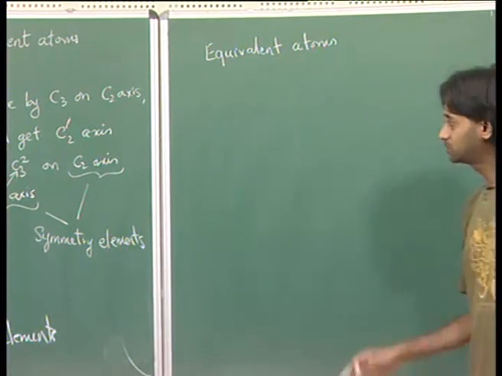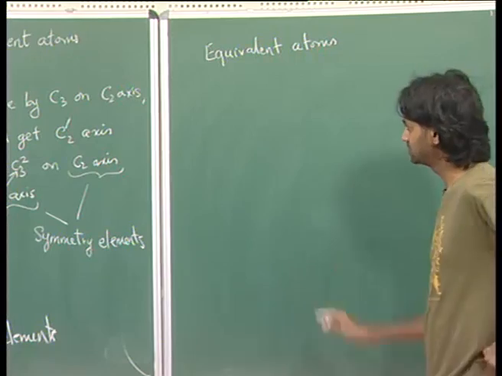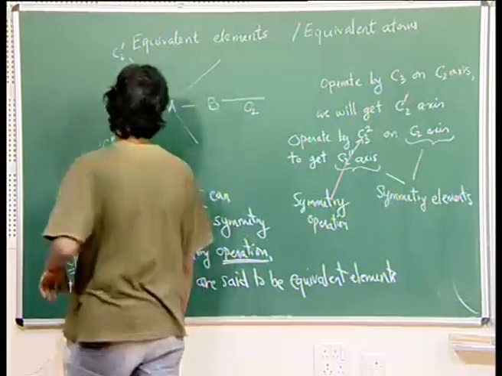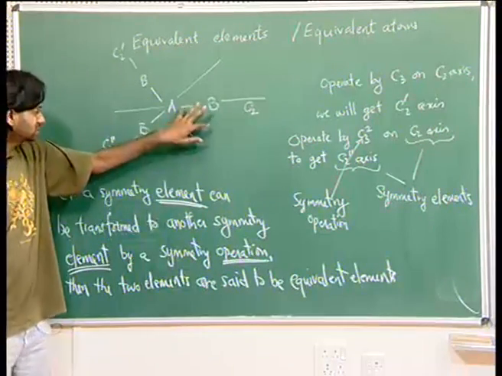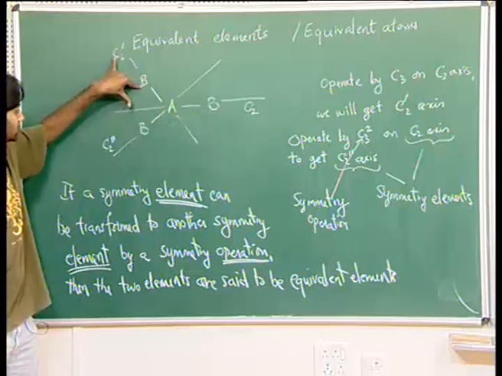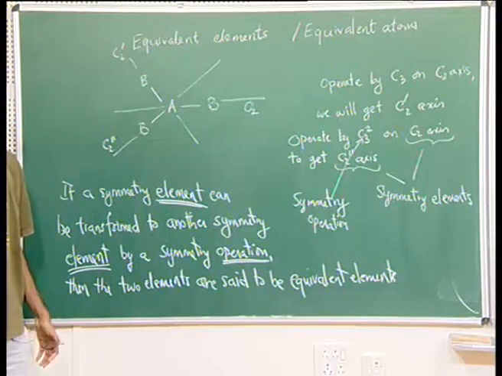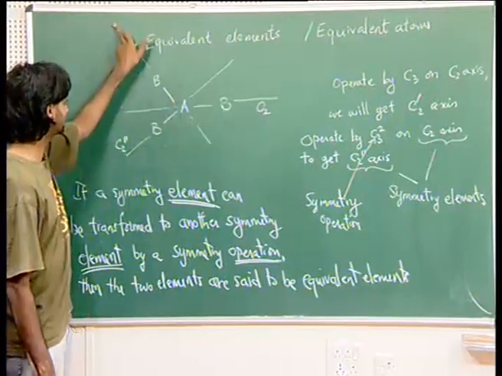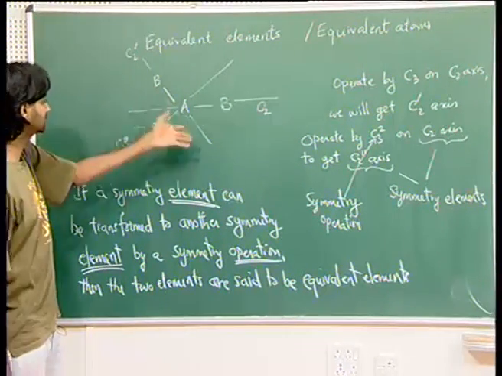Now you can immediately see, even before we formally discuss this, you can just look at this and say that what I call C2, what I call C2 prime, and what I call C2 double prime is completely arbitrary. Suppose I had chosen my axis so that the x axis was along this, then I would call this C2.